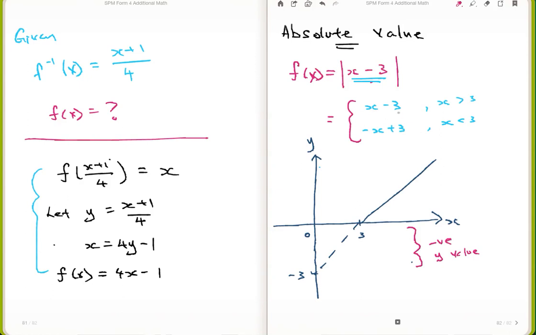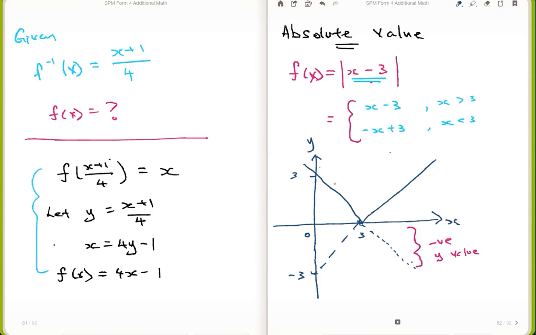Whereas for this equation, negative x plus 3, so maybe here is 3, negative 1, so the gradient should go down from here and stops here. It doesn't go down any further because it's a negative value. This is what it meant.